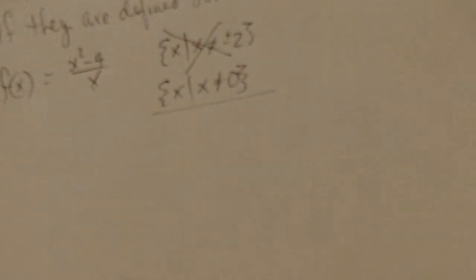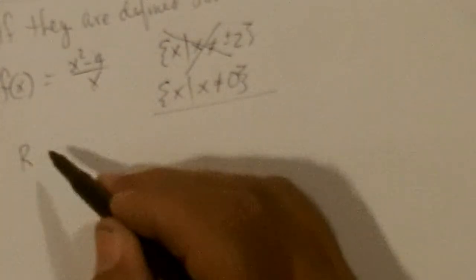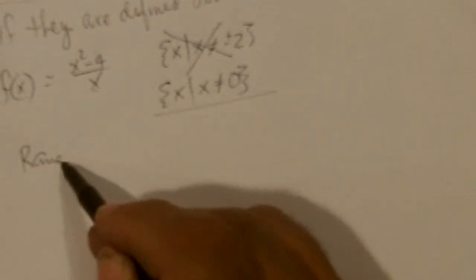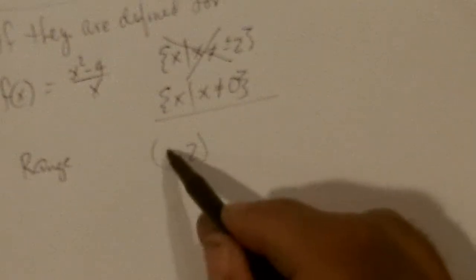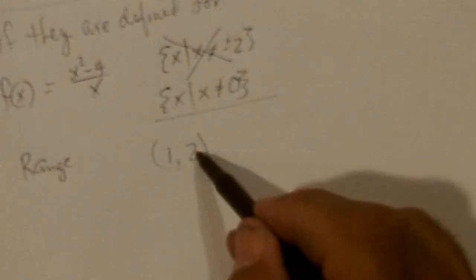Next one is 15. The set of all the images of the elements of the domain is called the range. If you put in 1 and you get out 2, the image of 1 becomes 2.